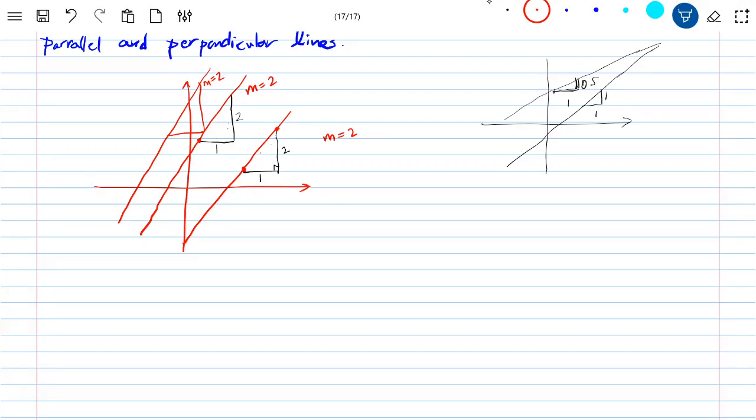So what can I say? I can say if I have two parallel lines, so let's say line 1 is parallel to line number 2, if they both have the same slope.